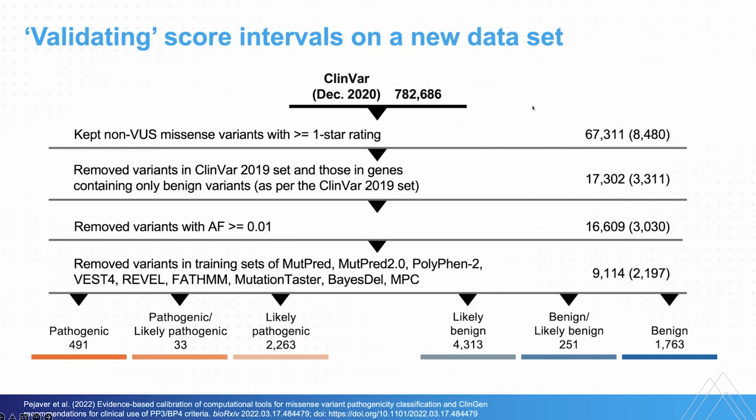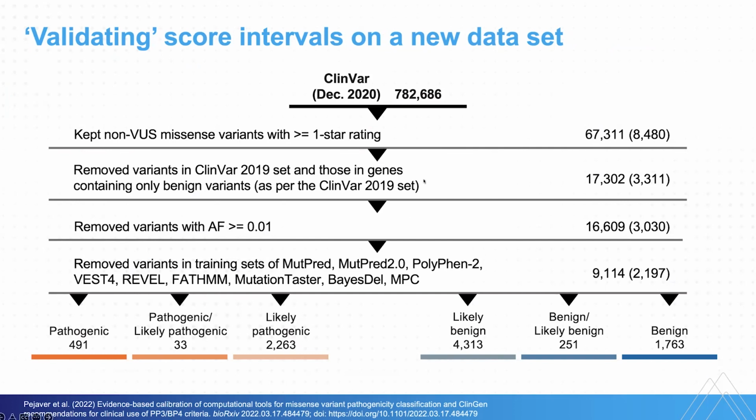The next exercise we undertook was to validate these. This is more of a sanity check. What we did is we let variants accumulate in ClinVar and then extracted a subset. We call this the ClinVar 2020 set. This is the data set that was not used for our calibration process. So it was variants that accumulated in ClinVar after we did the calibration.